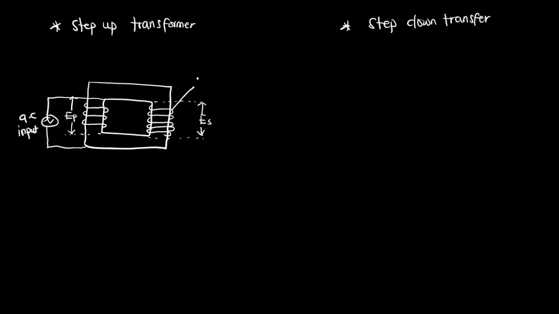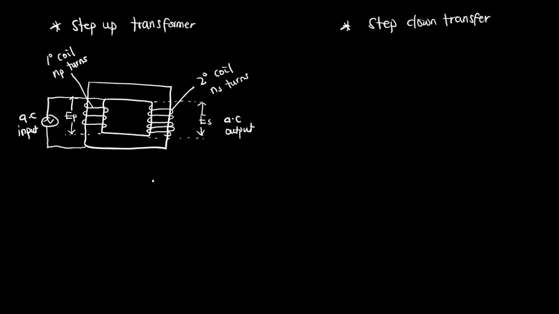This coil is our secondary coil, which has NS turns, and this part is our primary coil, which has NP turns. And this is our AC output, where our output is going to be.